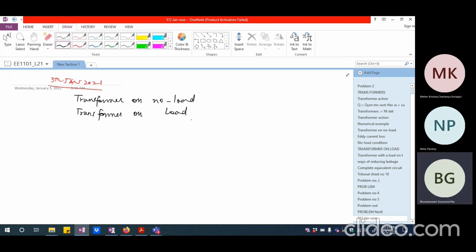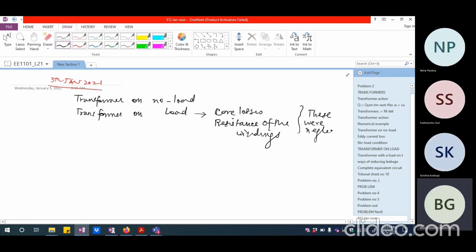And what we said during the load operation was that we neglected basically core losses. So we neglected core losses and we neglected resistance of the winding. That's what we did in the last class. Okay, so both primary and secondary winding resistances we neglected. These were neglected when we were discussing this in the last class.